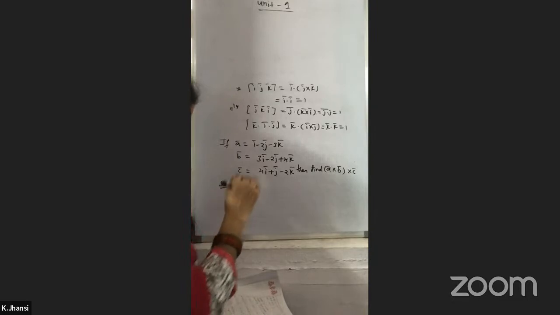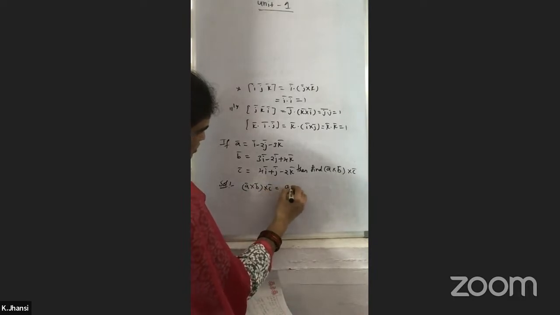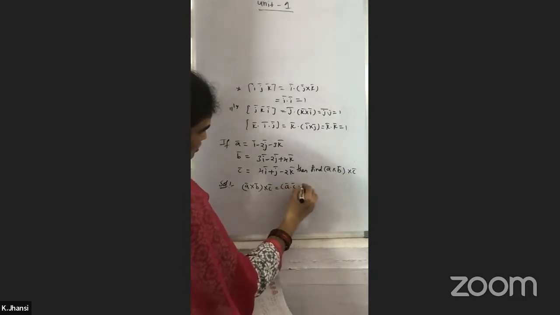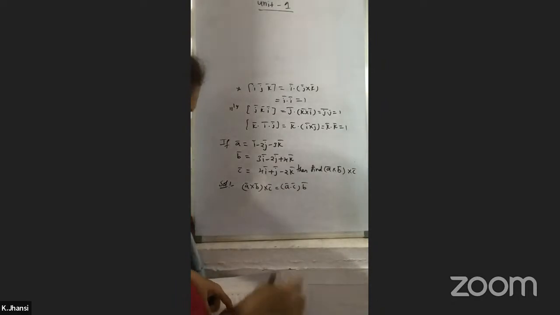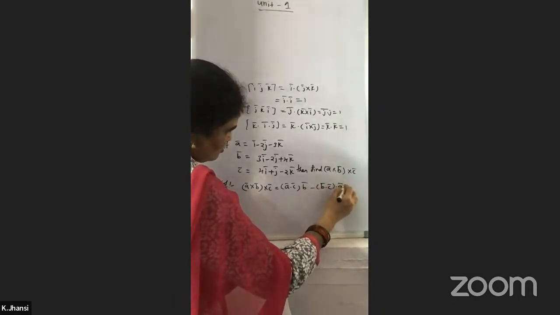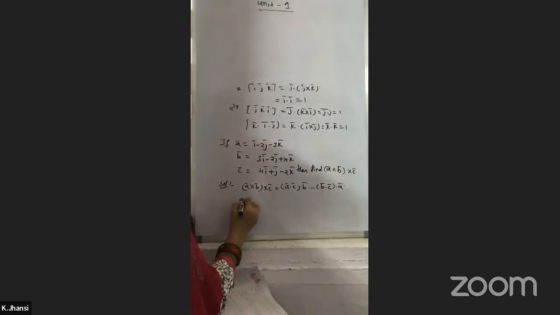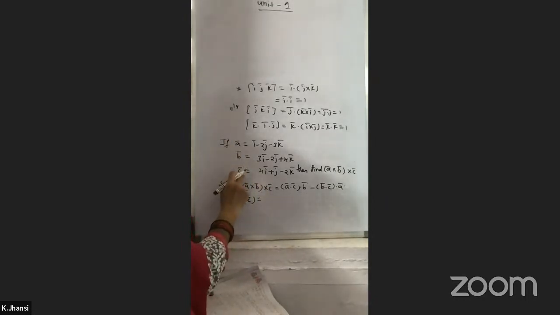So we know that A cross B cross C is equal to A dot C into B minus B dot C into A. Okay, this is the formula, you remember. So first you find A dot C. So vector A dot vector C is equal to, directly I am doing here.